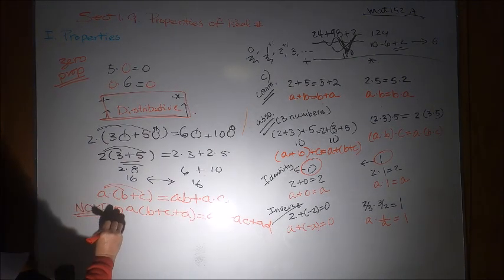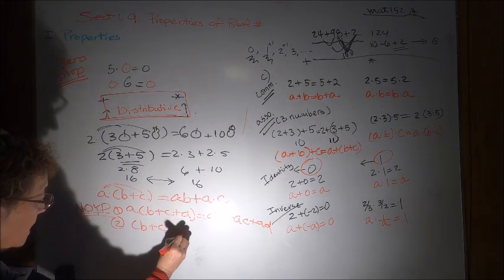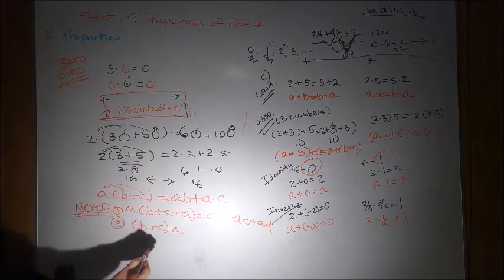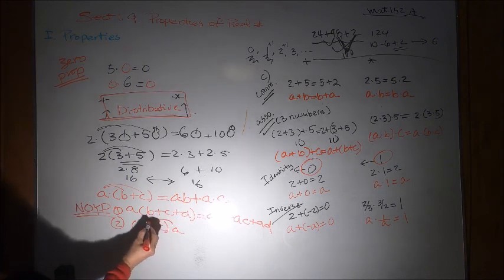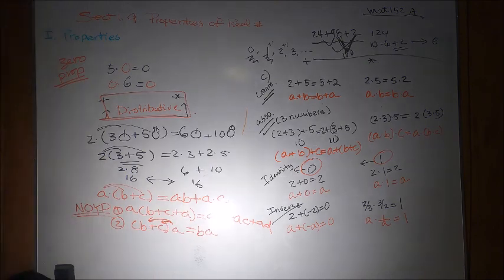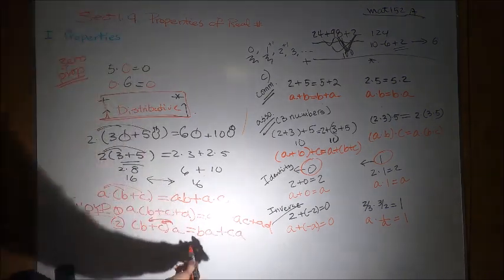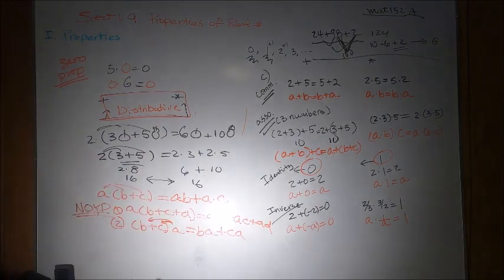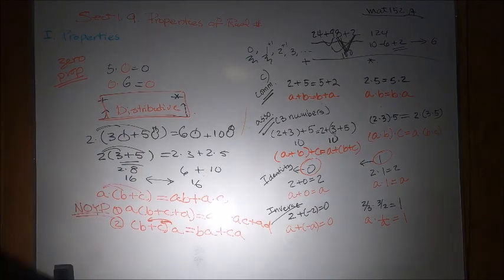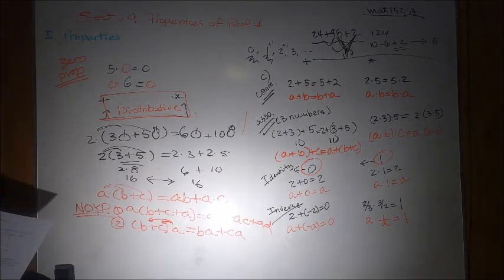Same thing if I put it out front: B plus C times A. You have to distribute your A back to both of them. That would be BA and CA, but you can write AB and AC because by the commutative property of multiplication, you can change the position, right?